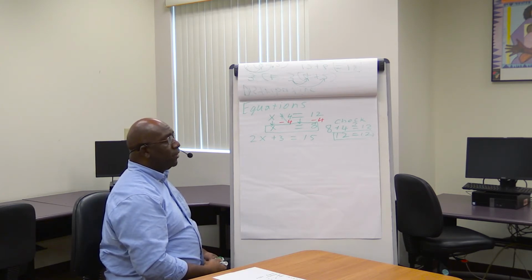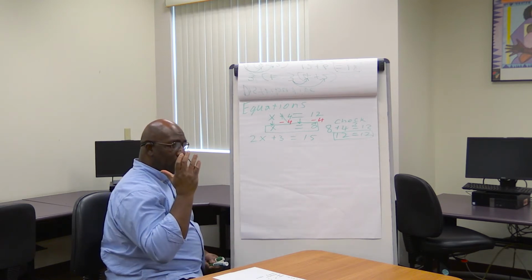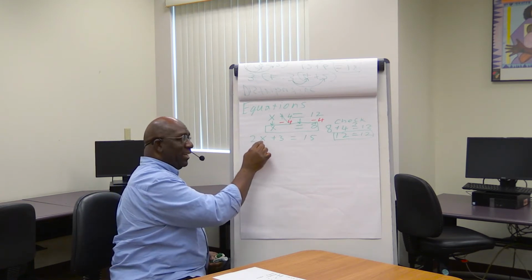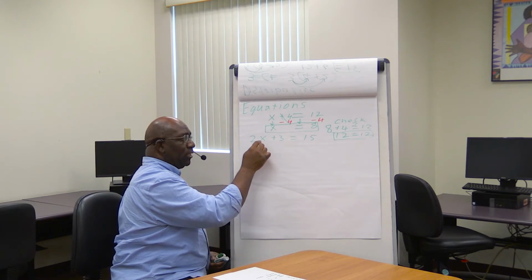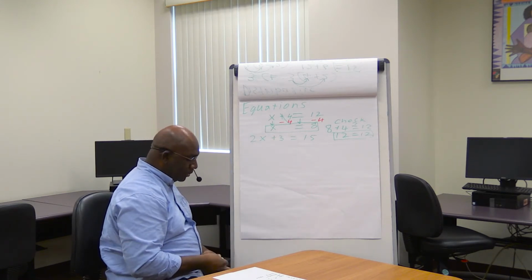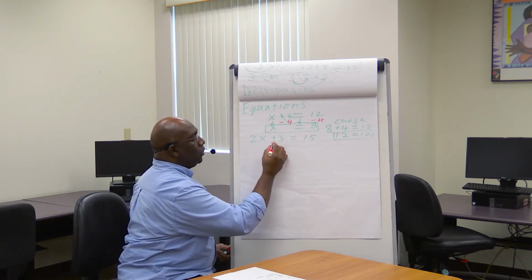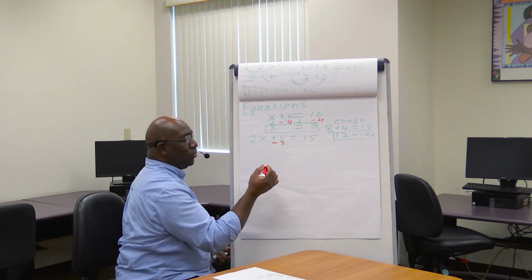So, the first thing we're going to do here is remember our objective is to isolate this x. I need to get this x by itself. So I need to start getting rid of everything that's around this x. My first order of business would be to get rid of this 3, because that's easy to do.